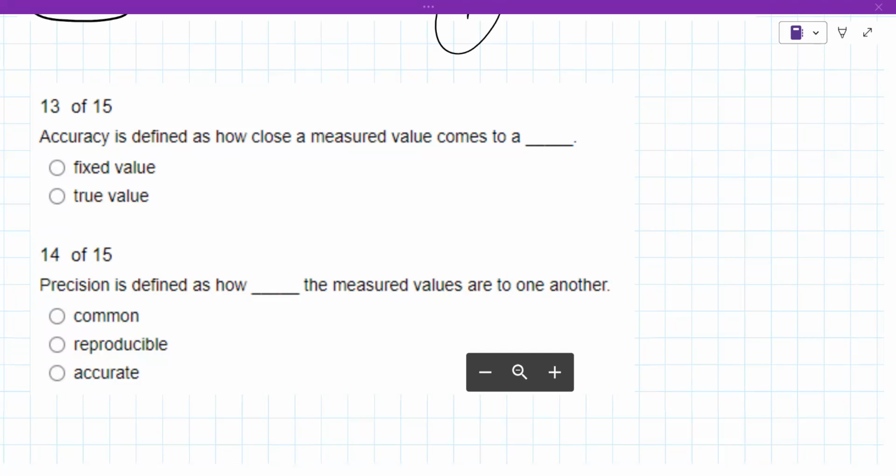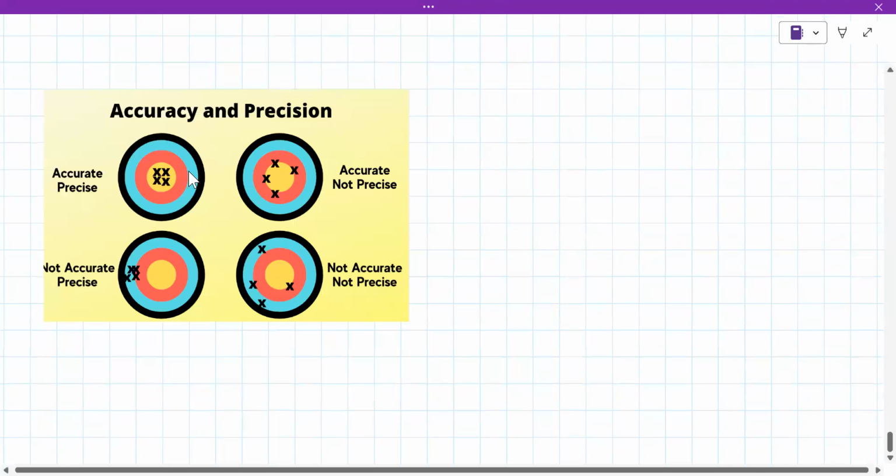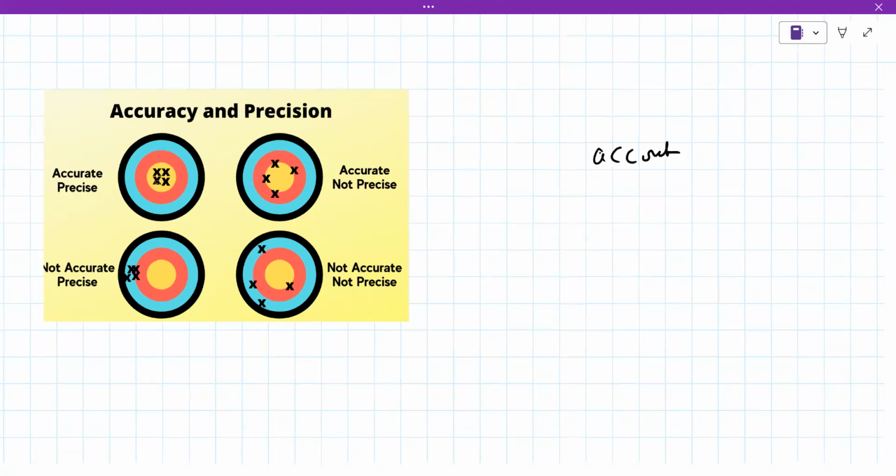Accurate is when you hit the target, the center. Accurate means the intended center, and precise is just how close they are together.